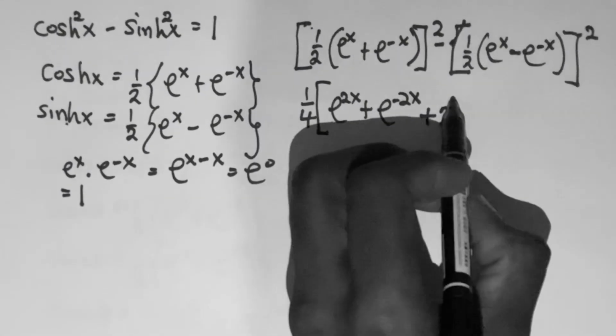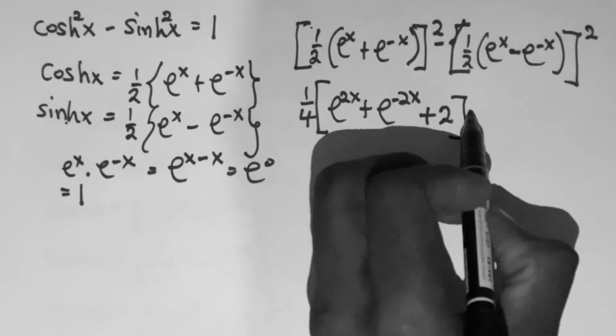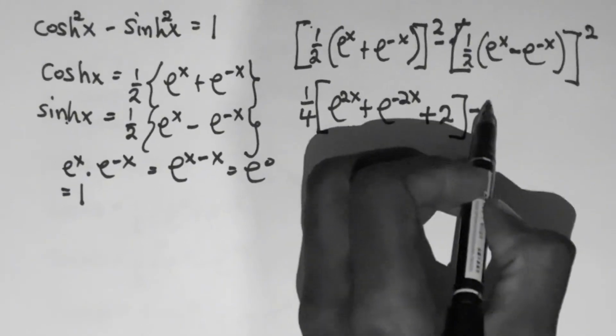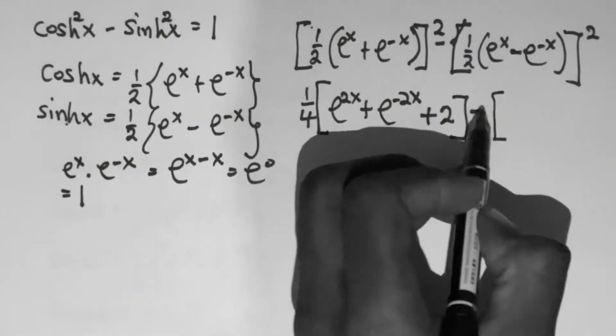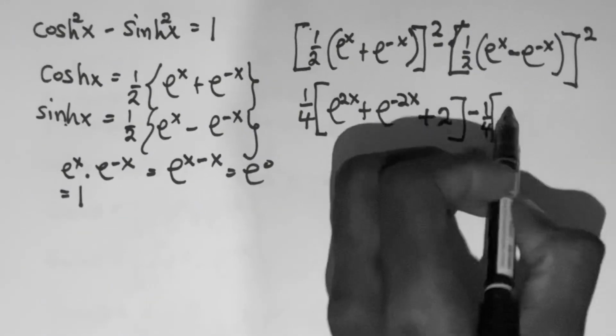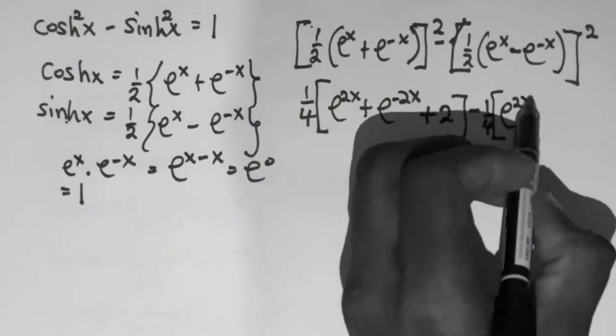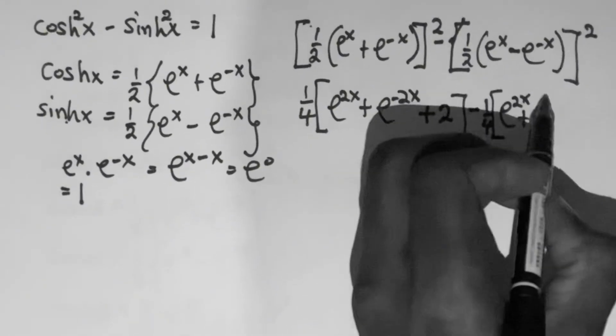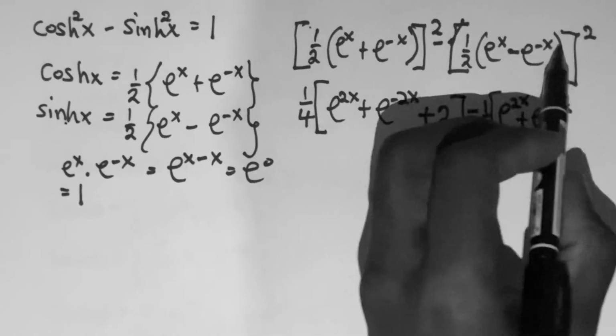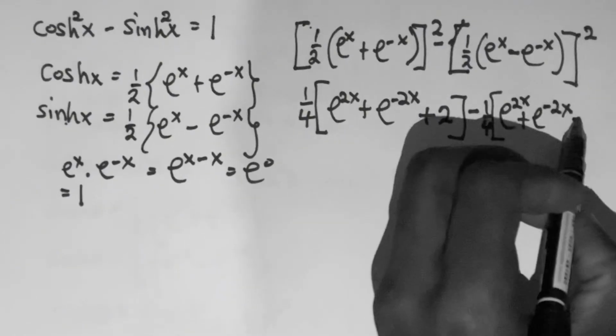Now all of this we subtract, so we repeat the same thing here: this becomes minus 1 over 4 times e^(2x), then in this case plus e^(-2x), and here instead of plus 2, it becomes minus 2.